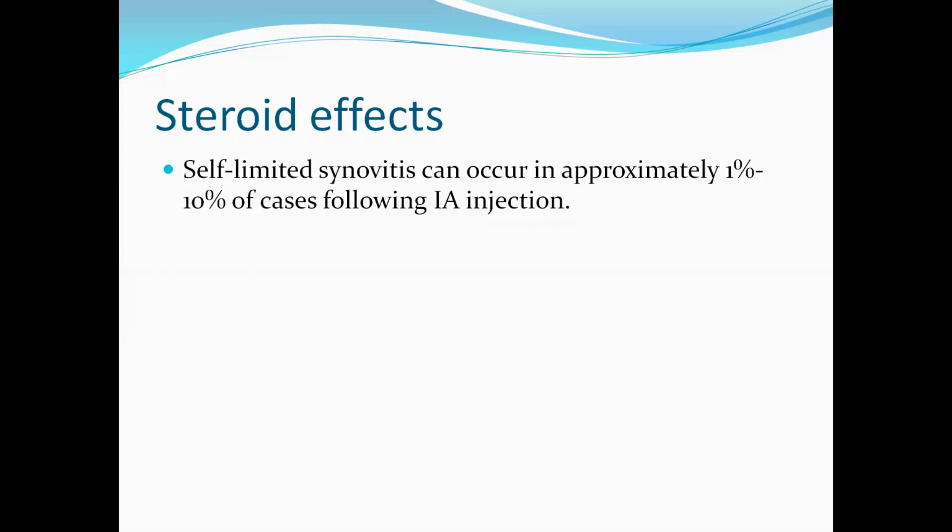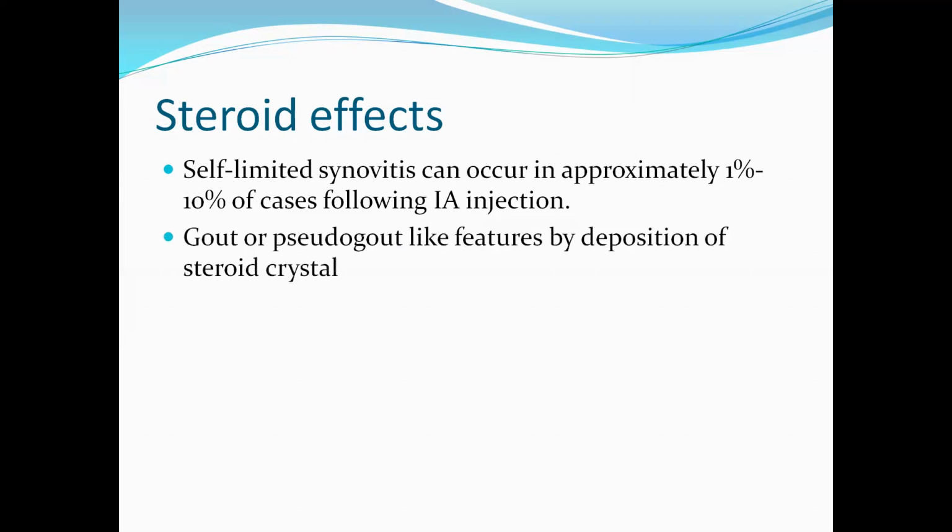These granules deposit on the synovium, and sometimes they mimic the physical properties of a monosodium urate crystal or a pyrophosphate crystal, producing gouty-like or pseudogouty-like features. They behave exactly like a monosodium urate crystal because the properties of the deposited material are the same.